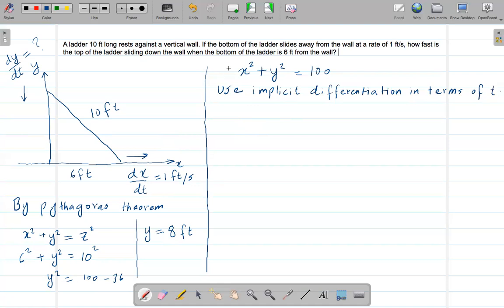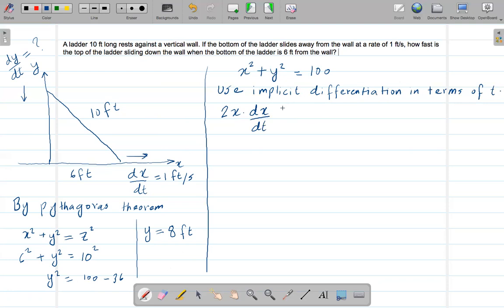So when we take the derivative of this, we take the derivative of the whole thing, 2x, and then take the derivative of just x, which is x prime, or since we're taking the derivative in terms of t, we write dx over dt.